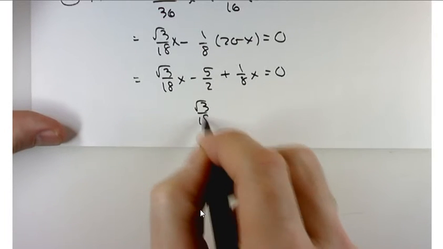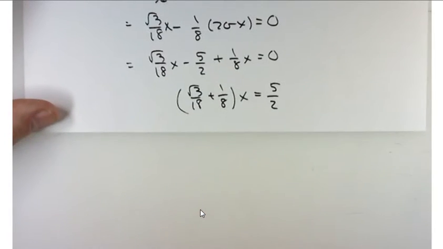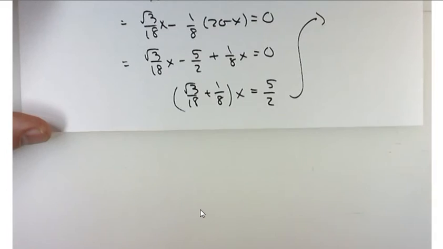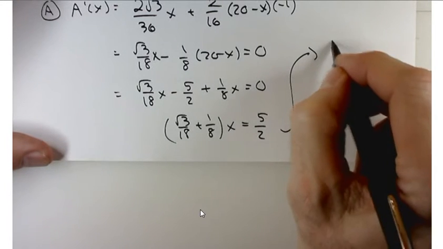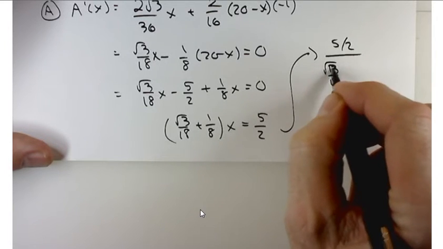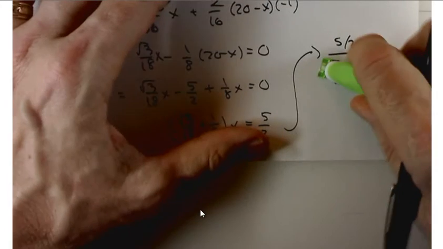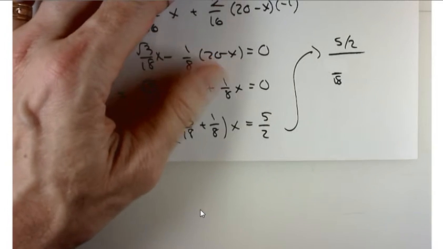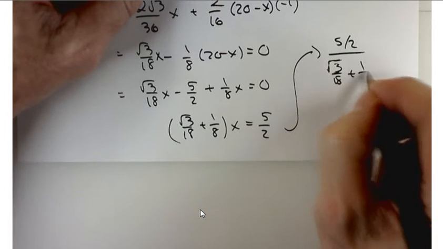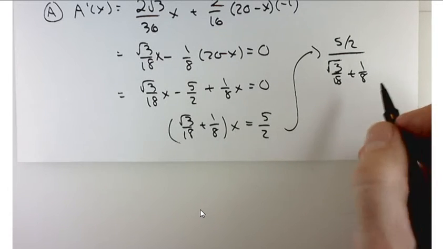Square root of 3 over 18 plus 1/8 x equals 5/2. Boy, isn't this a lovely number? x equals 5/2 divided by square root of 3 over 18 plus 1/8. Eesh. Not exactly a friendly number, but that's one of our critical numbers.